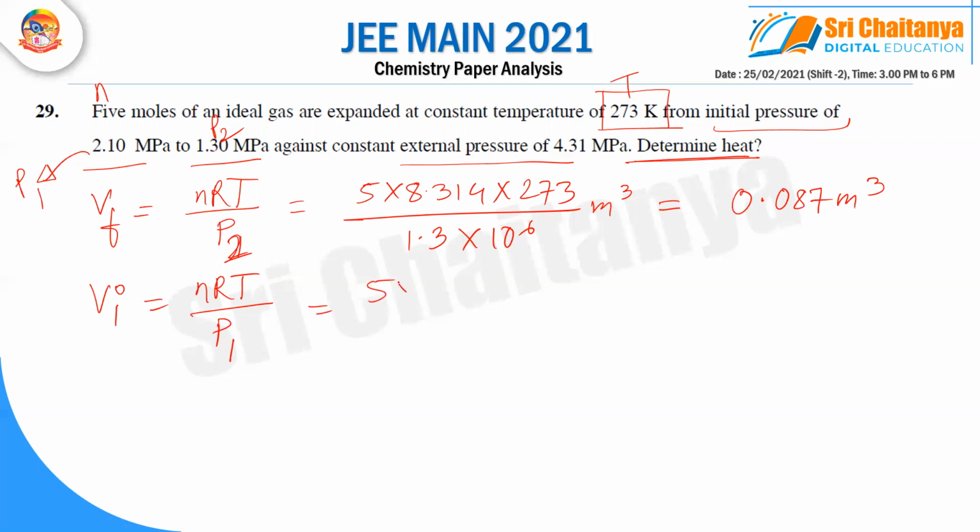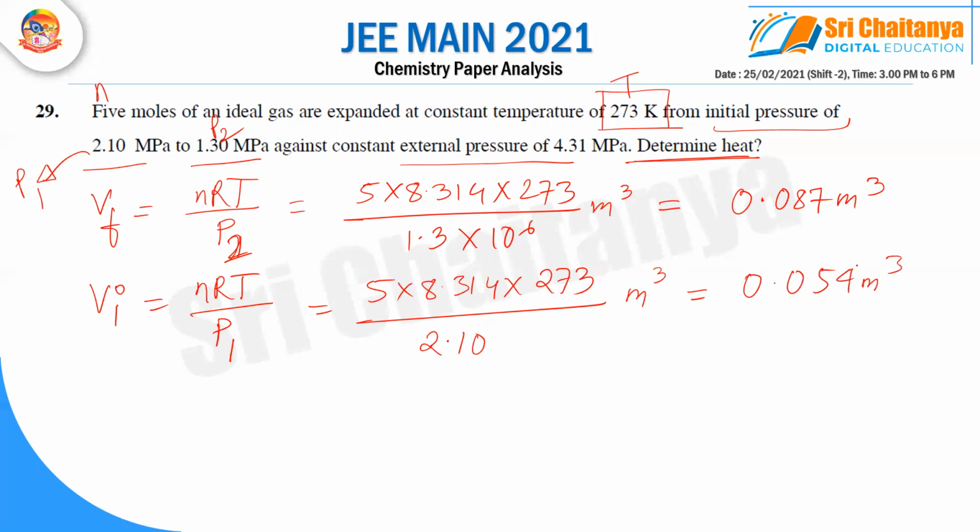So that is 5 into 8.314 multiplied by 273 divided by, so what is the initial? We have to take 2.1 here. Right, so when you do this, you are going to arrive at 0.054 meter cube.